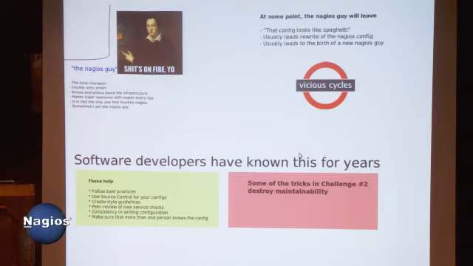In software development, people have known about this problem for years. And there are a lot of things you can do to avoid having this problem. Following best practices for writing configuration is good. Making your configuration consistent is one, because that means it's easier for other people to get into it and understand.